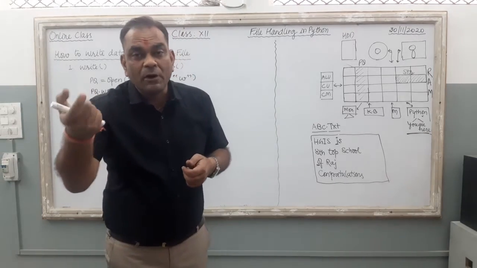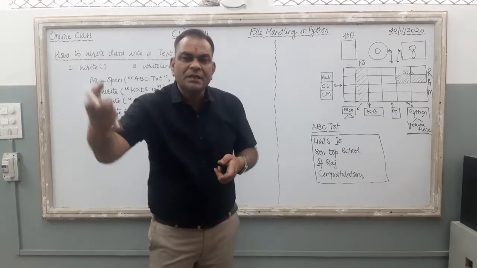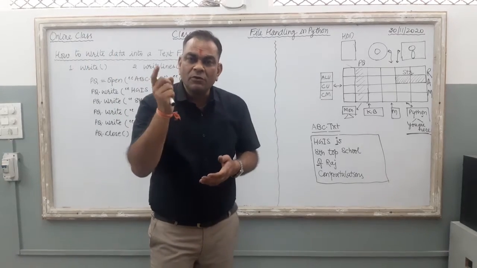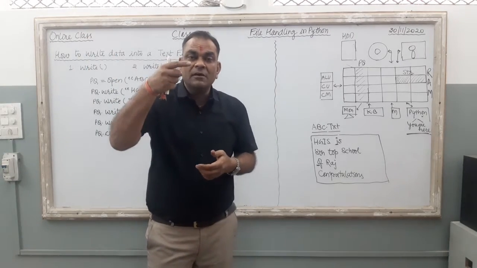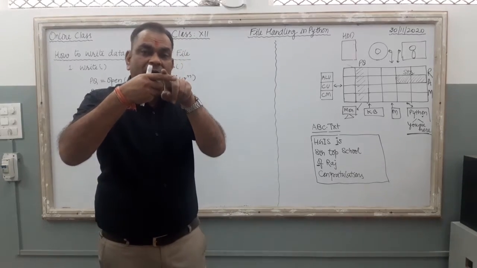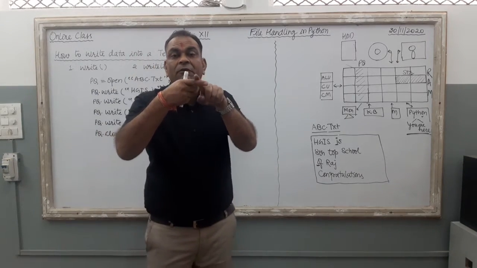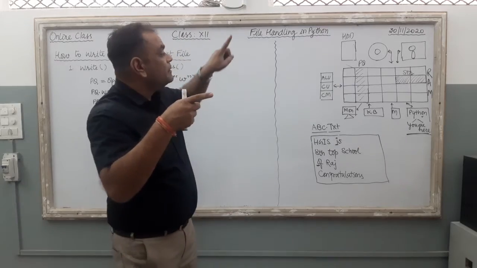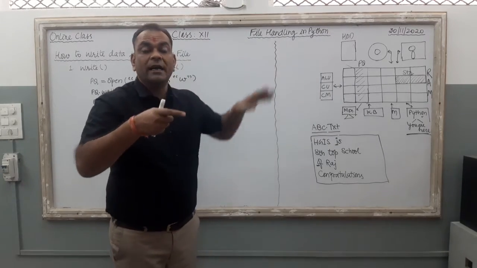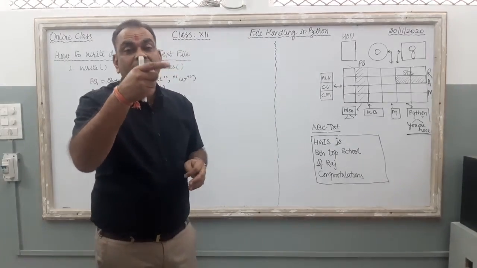Either you create a program in C or C++ or Visual Basic or anywhere, if you want to save your file data, very first you have to create a file variable or file object and link your file object with the specific file where you want to store your data. It is the starting process, the beginning process.